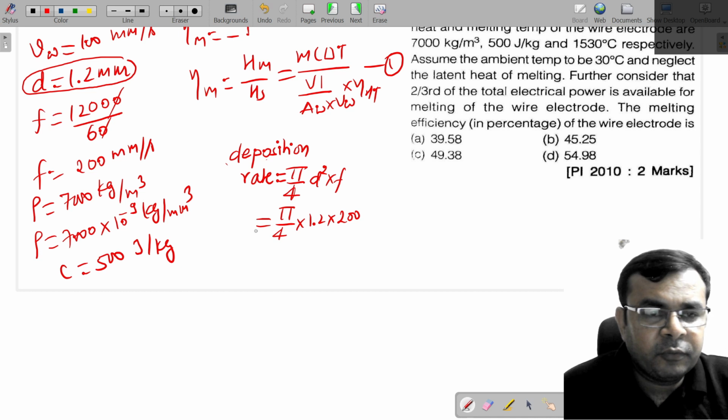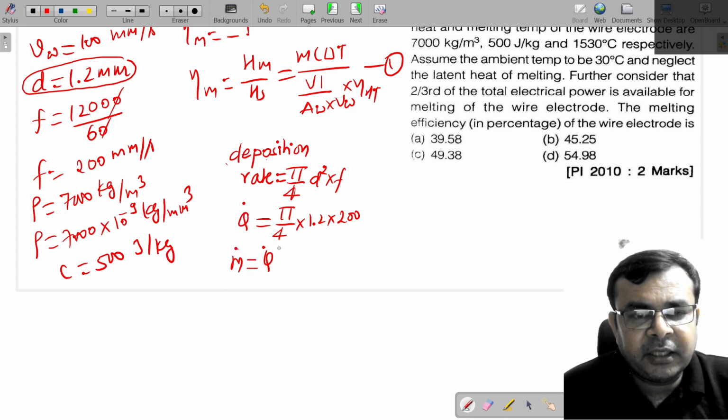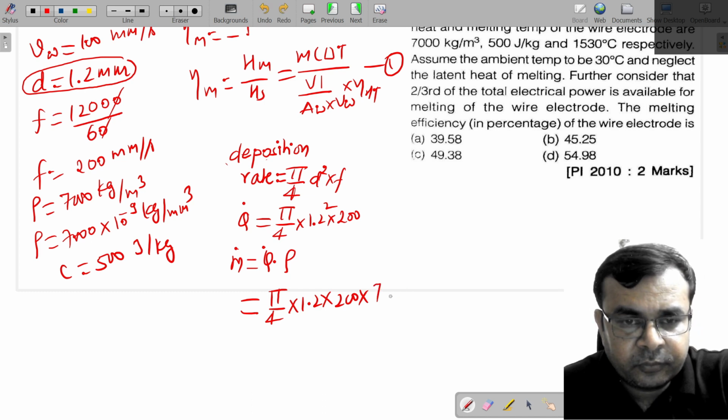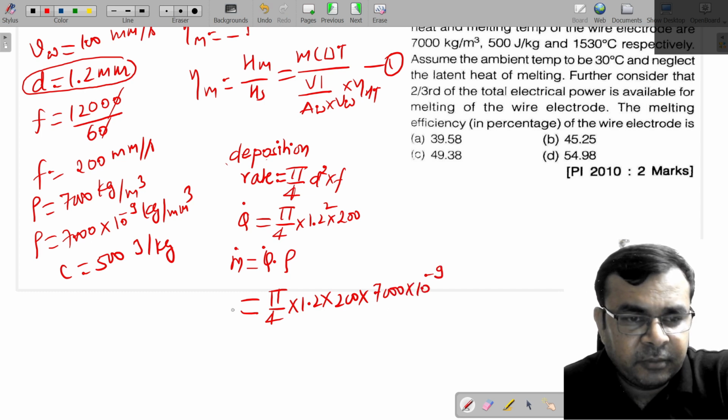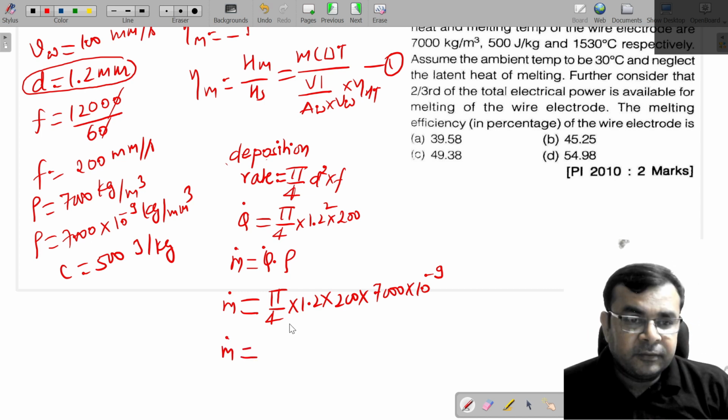So this is a volume flow rate. If I write mass flow rate, can I write volume flow rate into density? So this is pi by 4 into 1.2 square into 200 into density 7,000 into 10 to the power minus 9 kg per meter cube. So from this we get mass flow rate in kg per second.